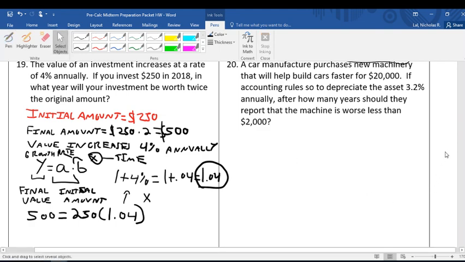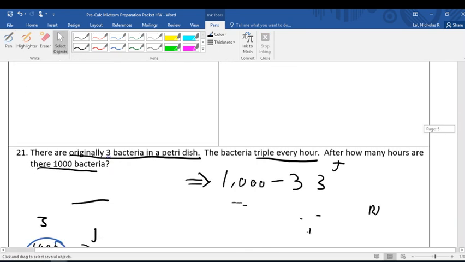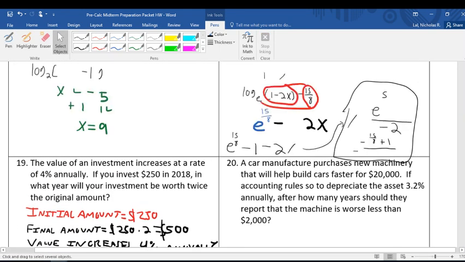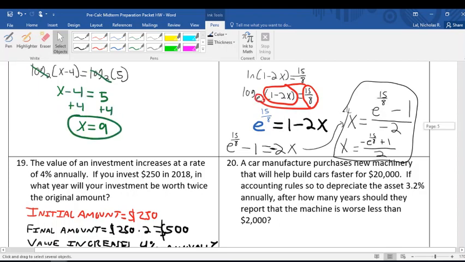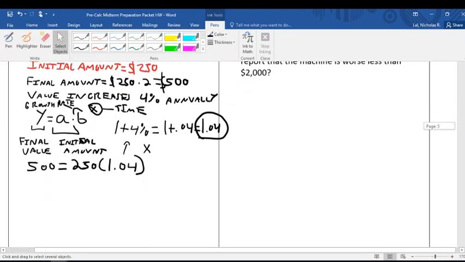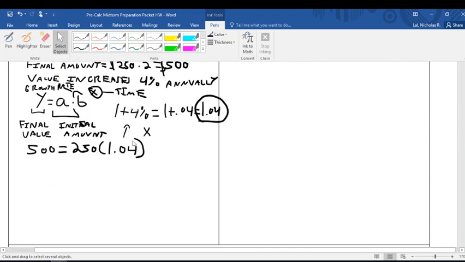Let me scroll down so we can look at all the space we have. Now we need to isolate the x because our x is going to be the key to our answer. First, we divide each side by 250. Those 250s cancel out, but 500 over 250 is going to equal 2.